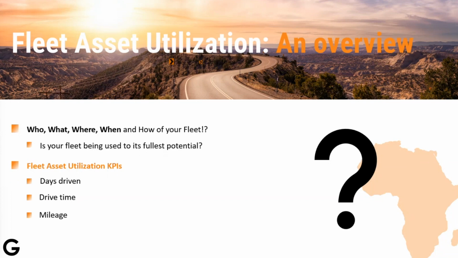So asset utilization is a process or a way of monitoring, and it allows you to measure how efficiently or inefficiently your fleet uses your assets. Now, MyGeotab has a few reports that can help you to gather and track valuable data on your assets.